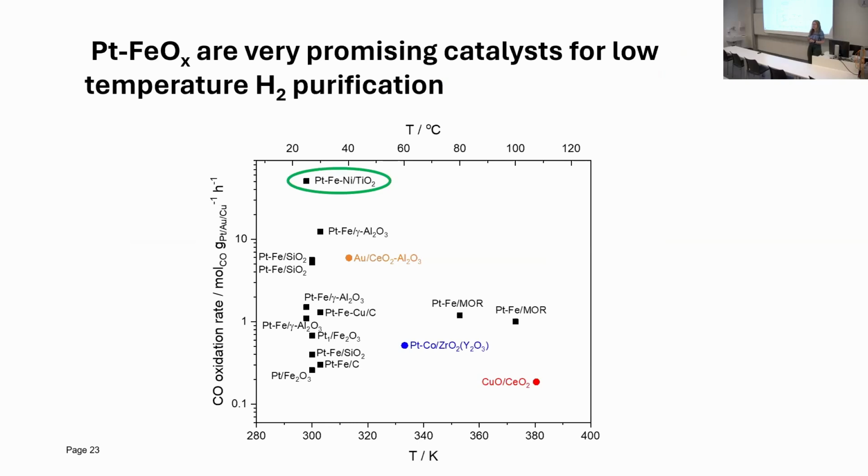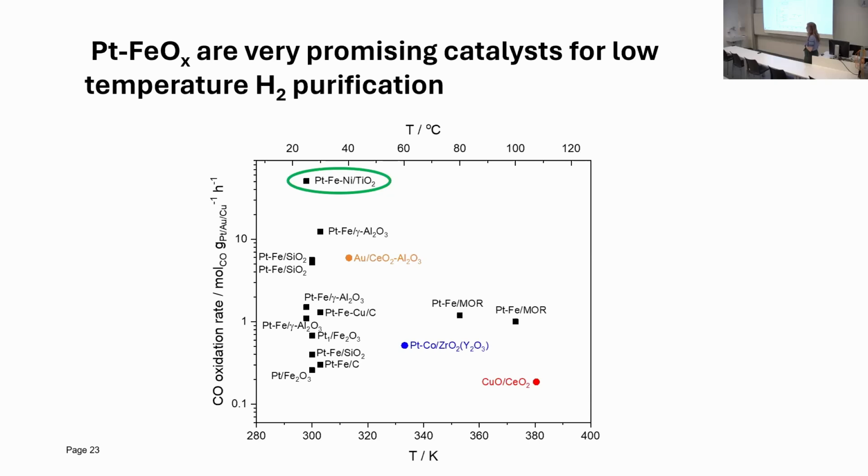While it's known that they are very effective, on this plot you see the CO oxidation rate per gram of a more expensive metal like platinum, gold, or copper in this catalyst as a function of temperature. You can see that at the same temperature, there are many platinum iron catalysts which perform completely differently.